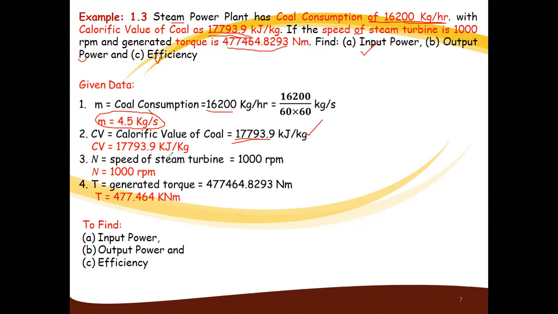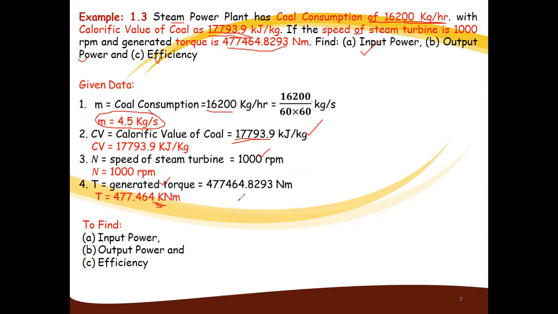Again, the speed of the turbine is given as 1000 rpm, that is 1000 revolutions per minute. And the generated torque is given as 477,464.8293 Newton meter. Now we convert this torque into kilonewton meter, and we get the torque as 477.464 kilonewton meter.